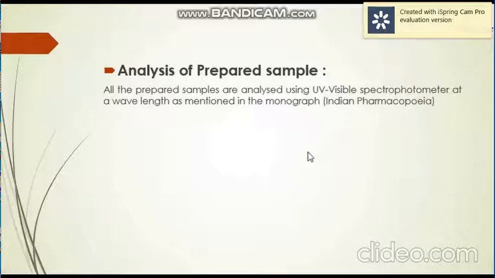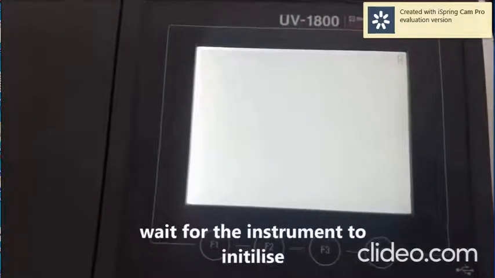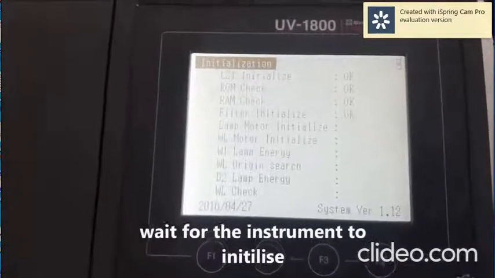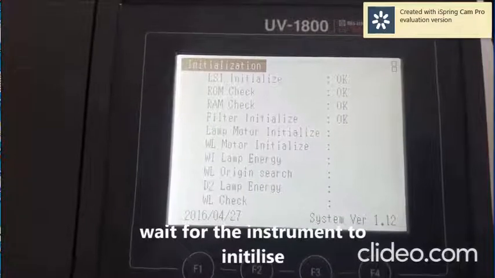Now this is our UV visible spectrophotometer, which we are going to use for the analysis part of this experiment. First we have to switch on the machine and make it ready for the required purpose. Now materials have to be arranged, and we have to pipette out our blank.